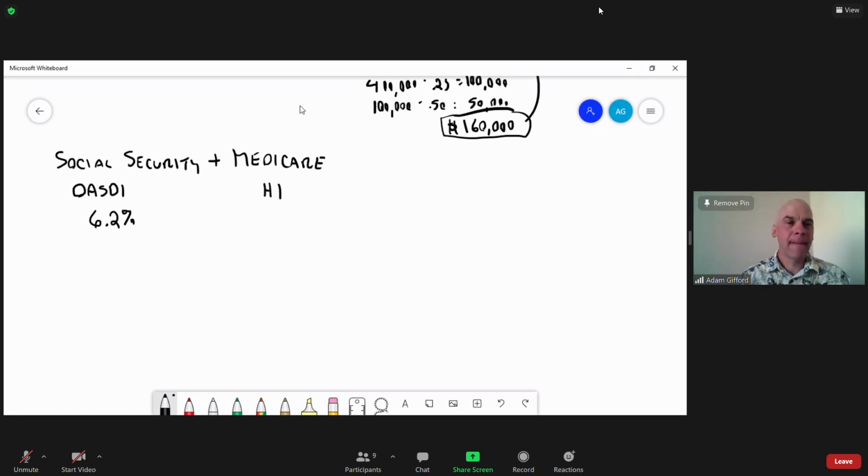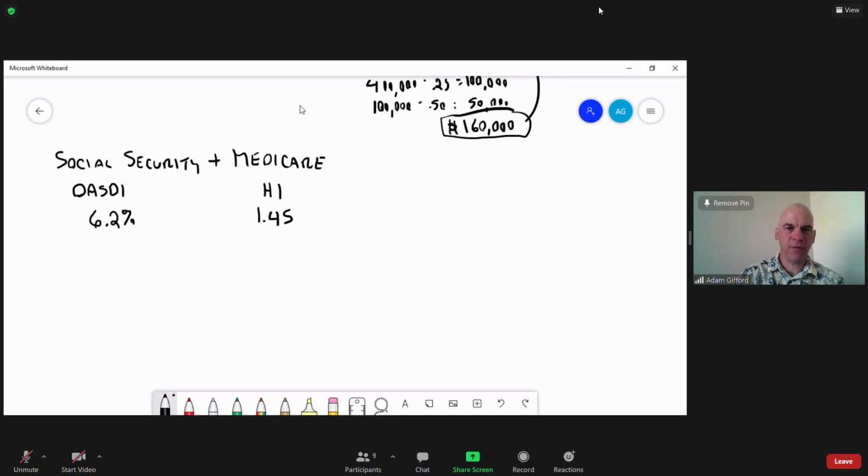All right. So OASDI, you are paying 6.2% of your paycheck. This is different than income tax. This is in addition to income tax. You're paying 6.2%. How about hospital insurance? Anybody remember how much you're paying for hospital insurance? 1.45%.